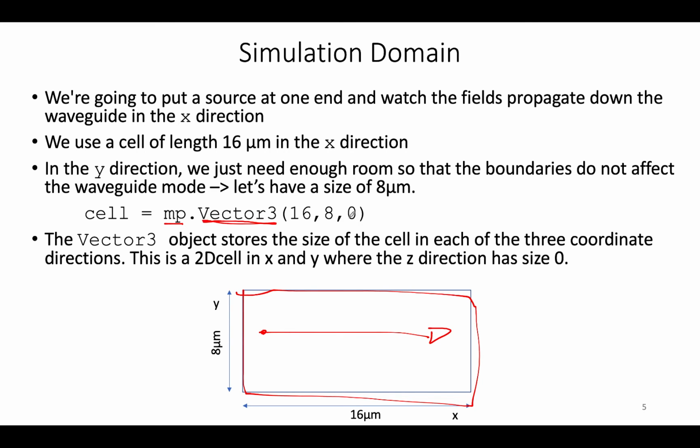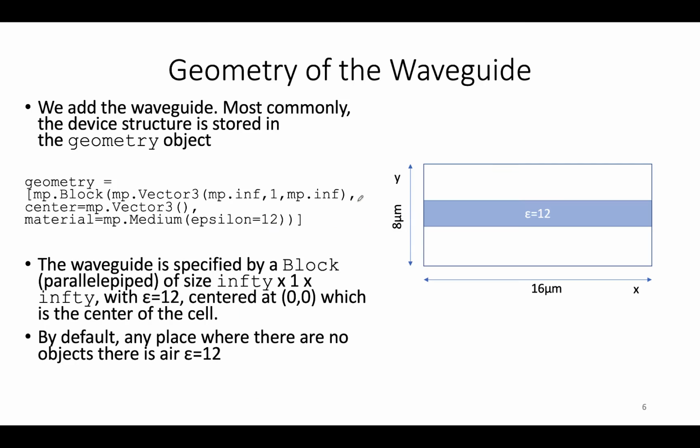So in the x direction, we're going to have 16 micrometers, and then we're going to have 8 micrometers in the y direction. And since we are doing only a two-dimensional simulation, we're going to set to 0 the size in the z direction.